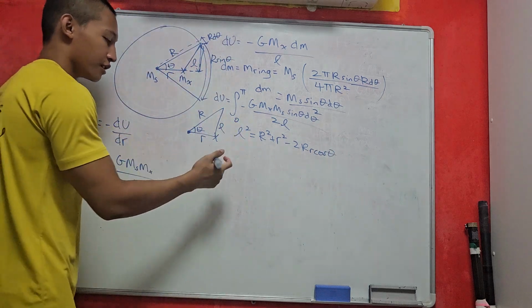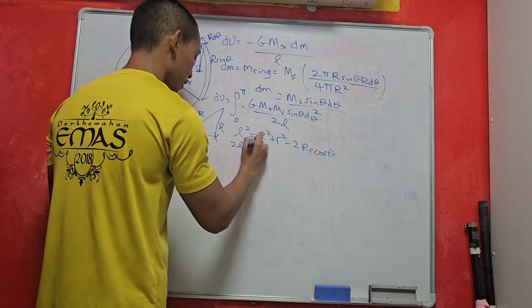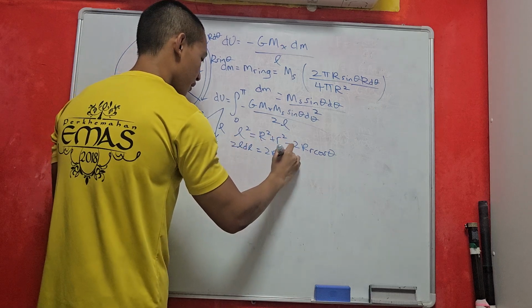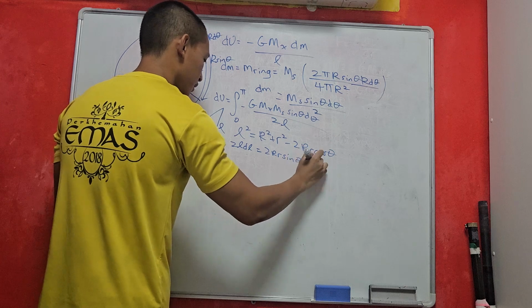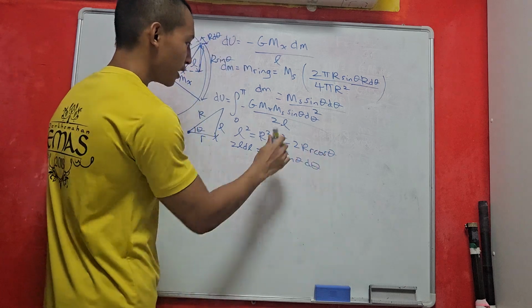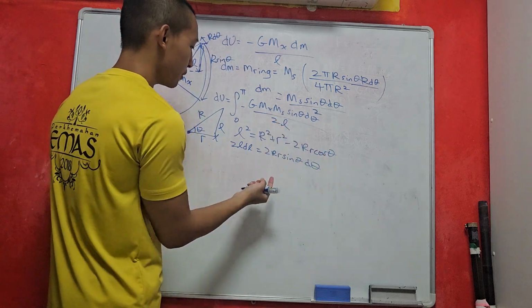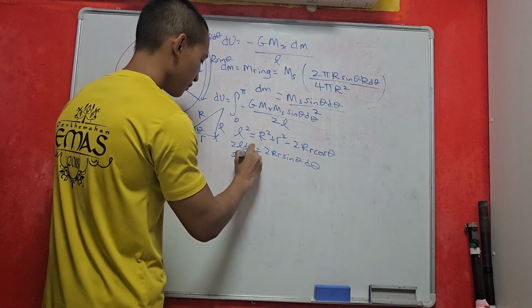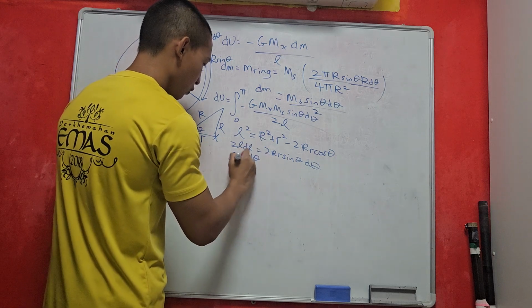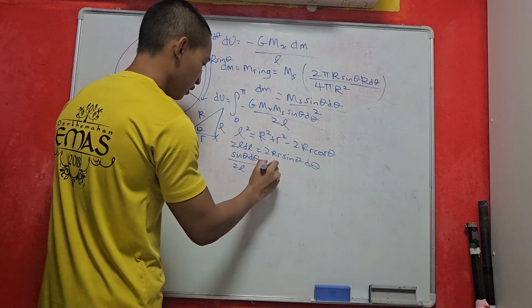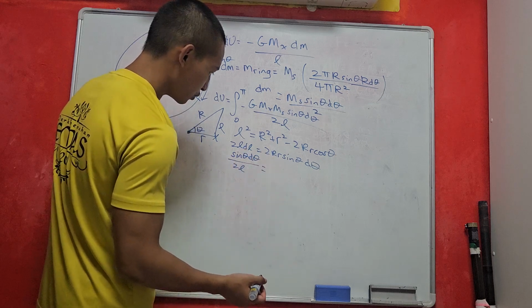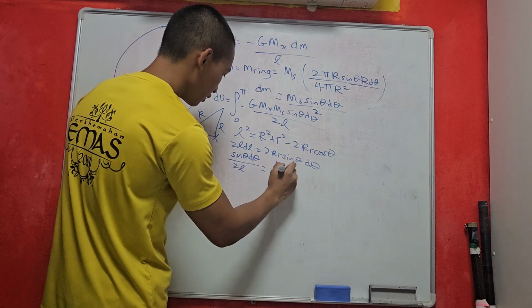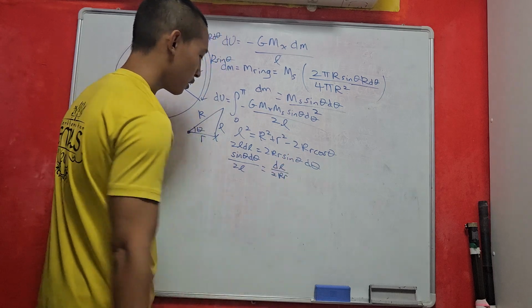And if I were to differentiate this, I'll get 2L dL equals 2Rr sine theta d theta. You can see that I have sine theta d theta and 2L, and therefore I can make the subject: sine theta d theta over 2L is just equal to dL over 2Rr.